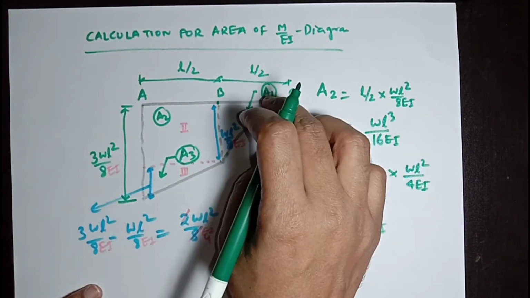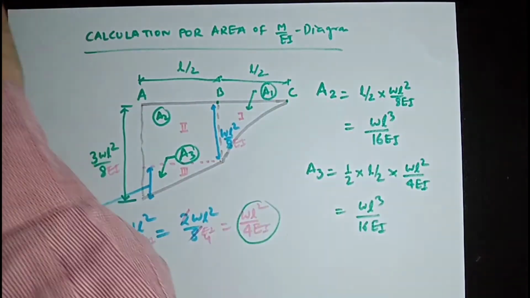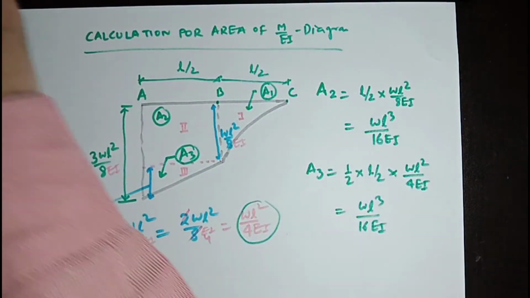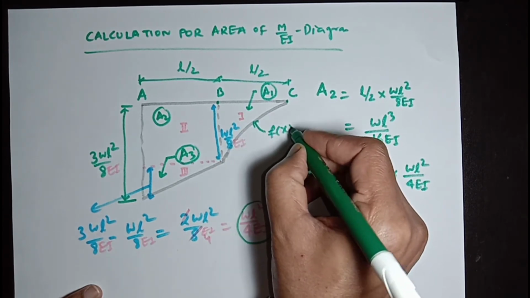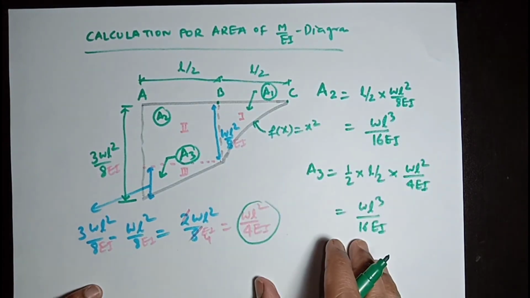Now area of this region A1, as this is a parabolic curve and having a function f(x) equal to x square.